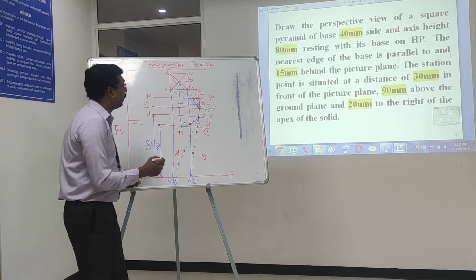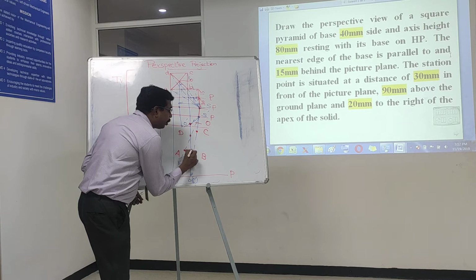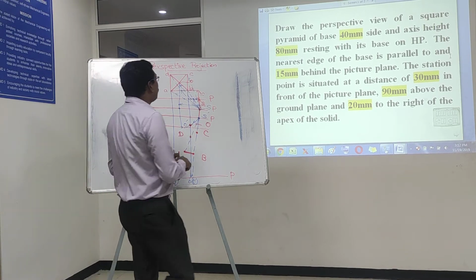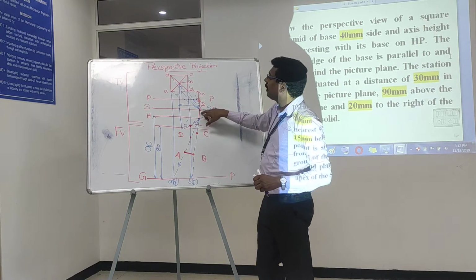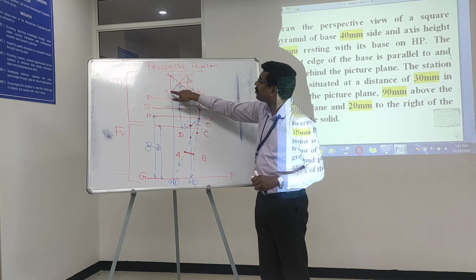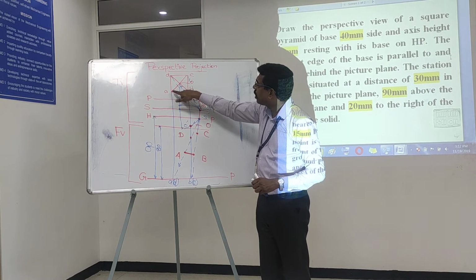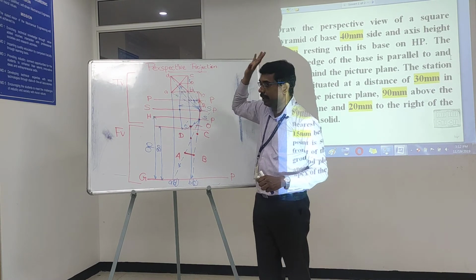We have to connect the base corners, that is A and B, by a solid continuous line, right? And when the observer is standing here and viewing the object in this manner, he is able to see the corners AO, OB, OC and the base edges ABC, right?